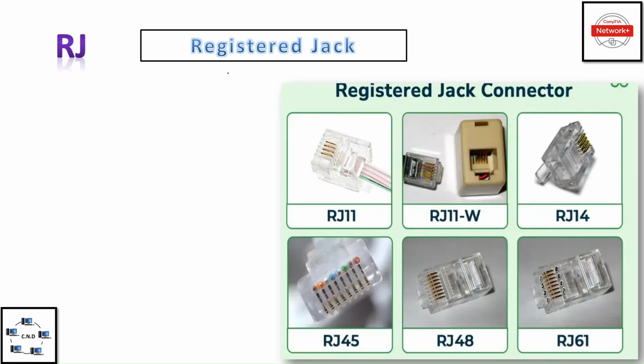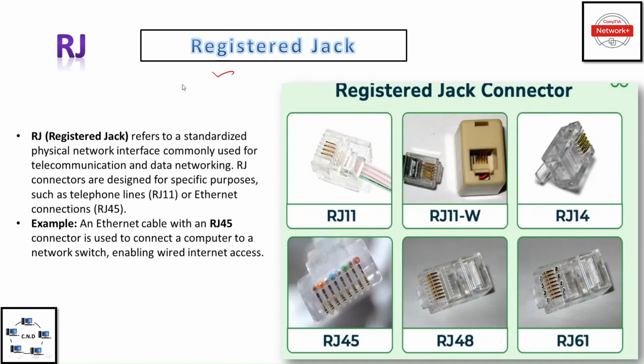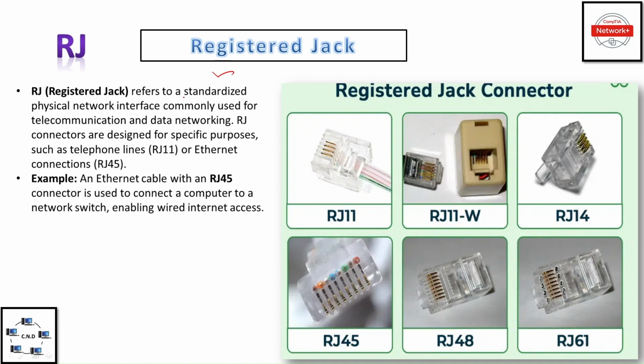RJ, that is registered jack. So RJ, or registered jack, refers to a standardized physical network interface commonly used for telecommunication and data networking. RJ connectors are designed for specific purposes, such as telephone lines using the RJ11 connector, and Ethernet connections for switches and devices such as laptops and computers using the RJ45 connector.